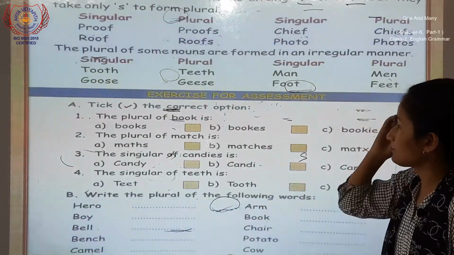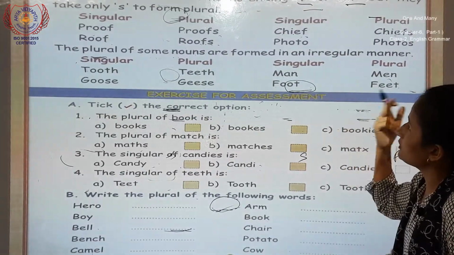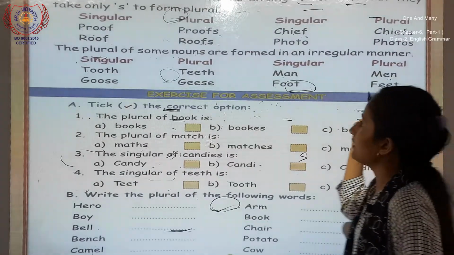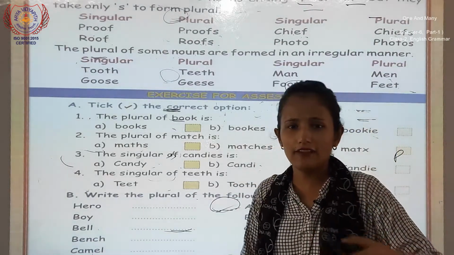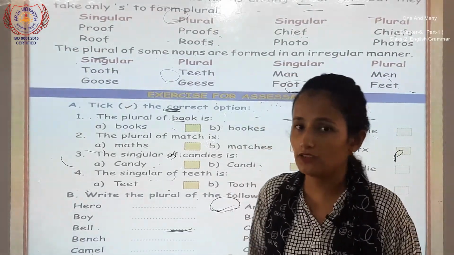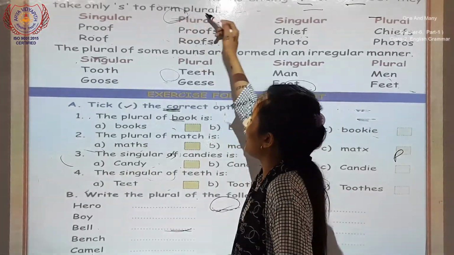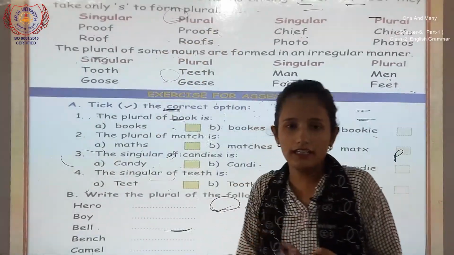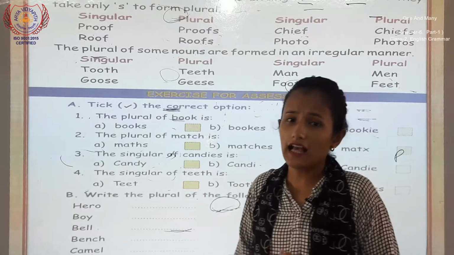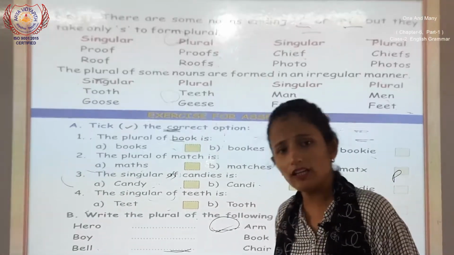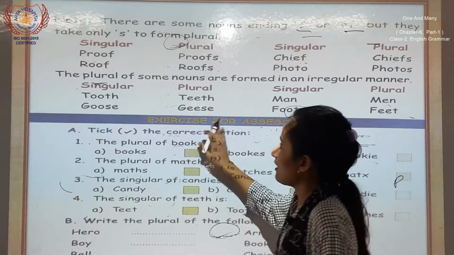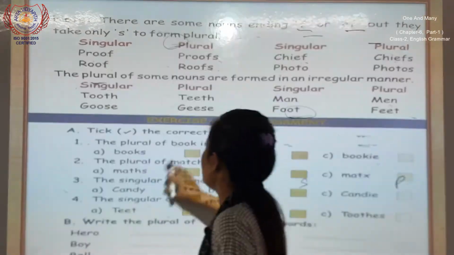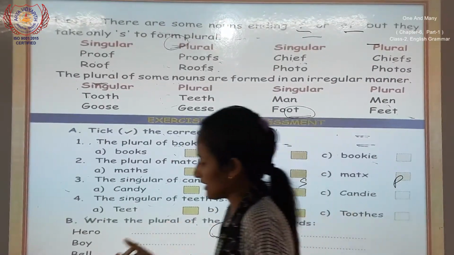And next, there are some nouns ending F or EF, but they are taken only S. कभी भी आपको वर्ड में F और EF यूज होता है तो आपको क्या यूज करना है? Only S, not ES, no VES, no IES. Okay, you have to use only S. So now I am going to start exercise work. You can see there exercise work.